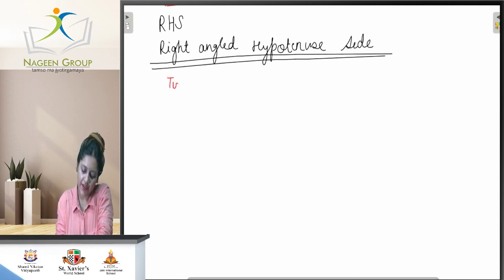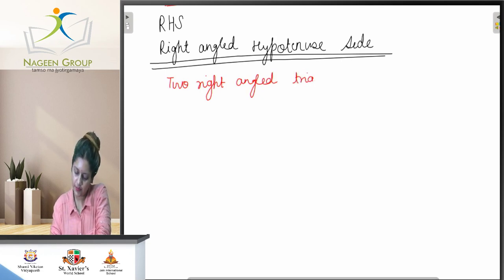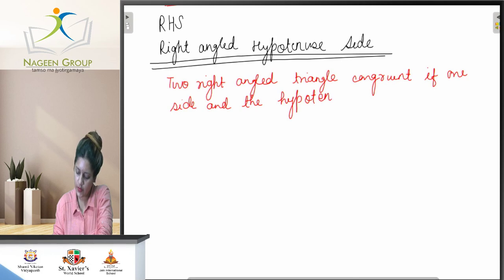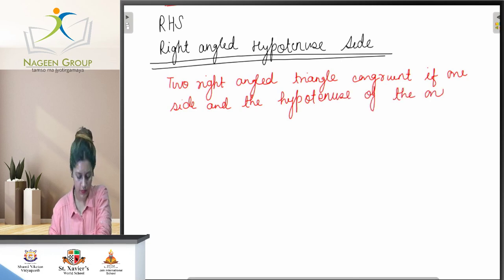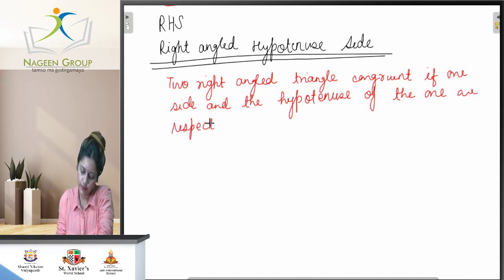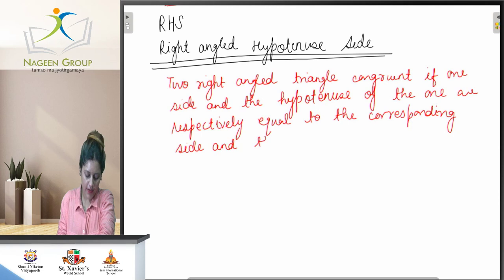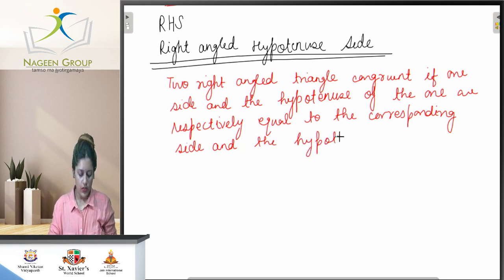That tells us that two right angled triangles are congruent if one side and the hypotenuse of the one are respectively equal to the corresponding side and the hypotenuse of the other.